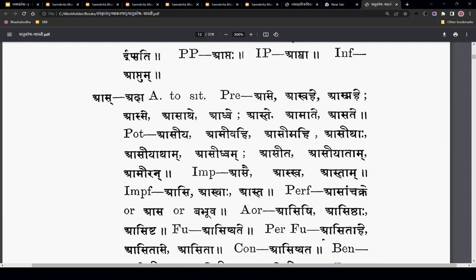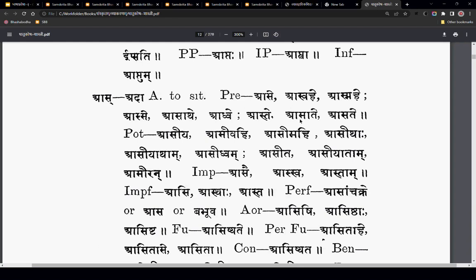This is Adadigana, the Adadi group, and then an Atmanepada dhatu. Here you see the latlakara: aste, aste, te. This is like vandate, asate. This is a little bit different: not vandete there, but here it is not asete, it is asate.